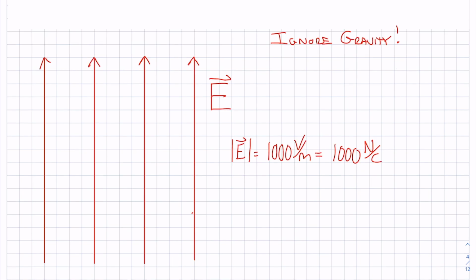Well, Fg is equal to the mass times 9.81 meters per second squared. But the mass of the electron, which I probably should have put in the problem, but it's easy enough to look up, is 9.11 times 10 to the negative 31 kilograms.